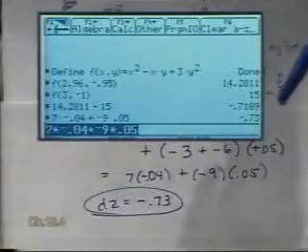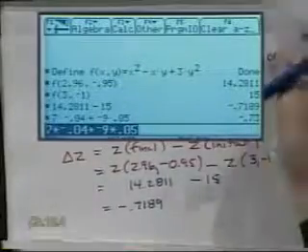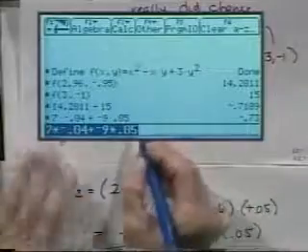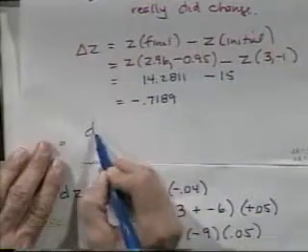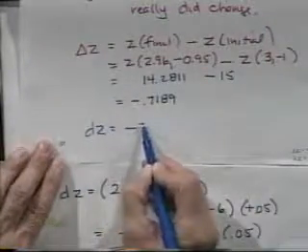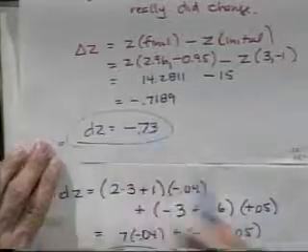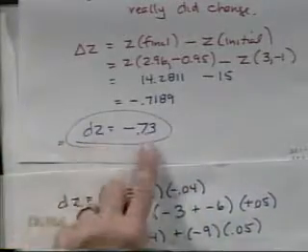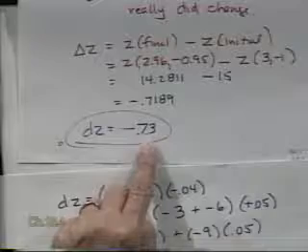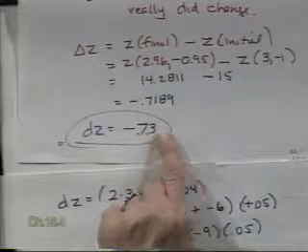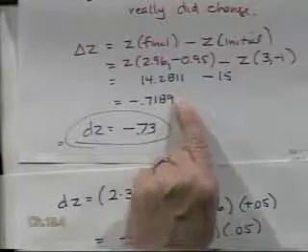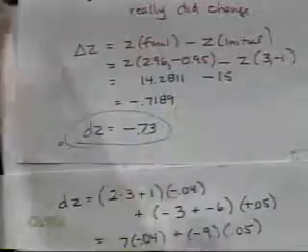What was delta z? Delta z was -0.179 and dz was -0.73. As you can see, dz, when delta x and delta y are relatively small, is a very good approximation to this. Okay? Now let me show you some examples of what we can use this for.